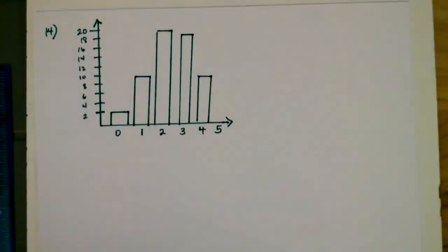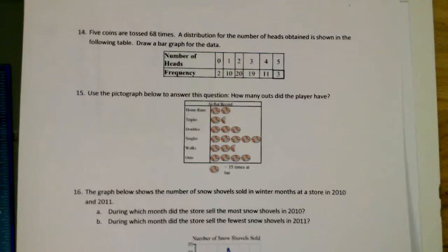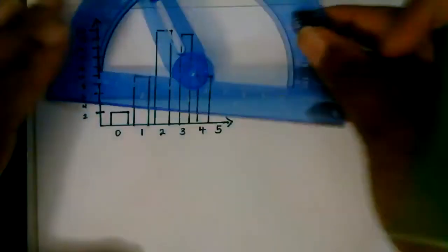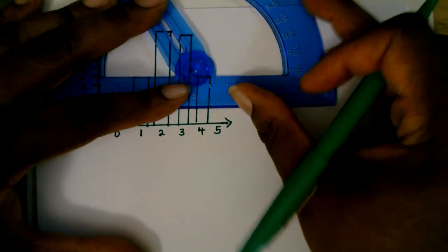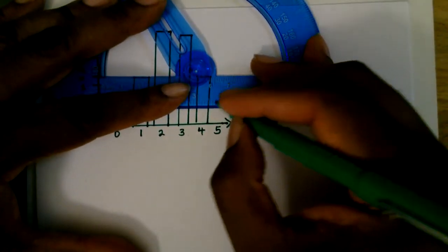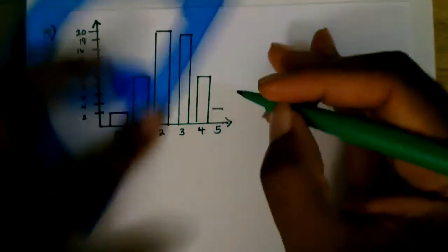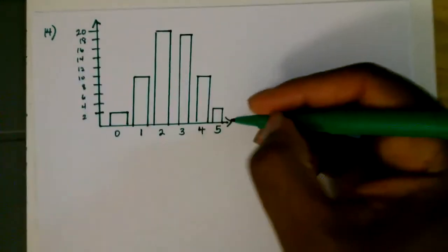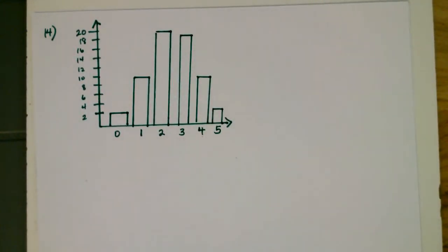And then for 5, that would be 3. So that's what the bar graph looks like.